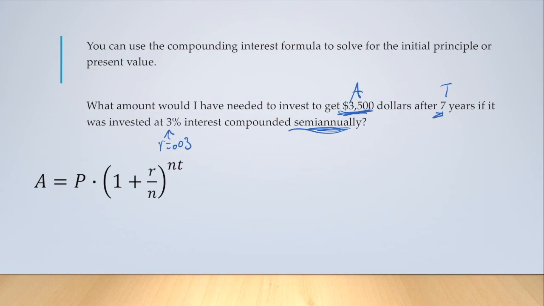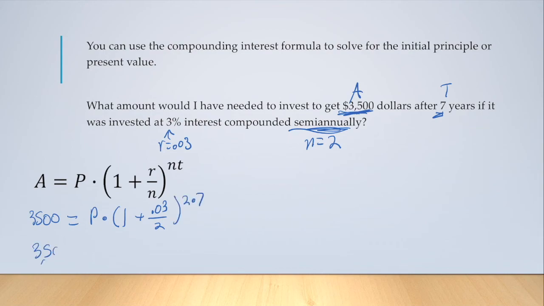Semi-annually means twice, like semicircle, half a circle. So I have $3,500 equals P, which I don't know, I'm trying to find out, times 1 plus 0.03 over 2, to the 2 times 7.